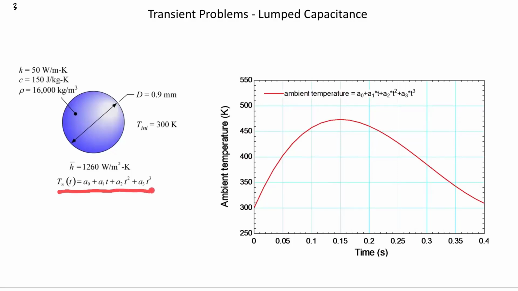Right? T infinity is a function of time. And that function is given by some third order polynomial, which plotted out looks something like this. So you see this initial temperature at 300, and then as time goes on, within less than 1 second, you're seeing a swing in temperature, and this body is being exposed to that.